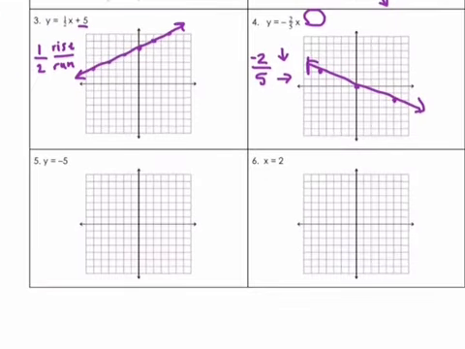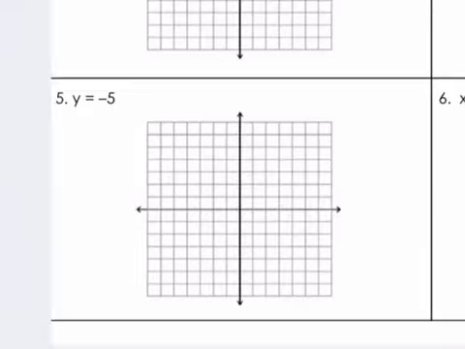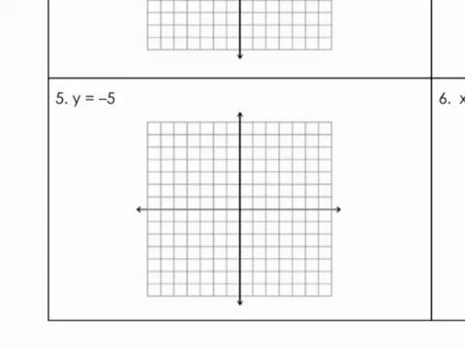All right, the last two are special cases. So the first one says y equals -5. So we do not have an x in the equation, which means we're not going to have a slope. So we're going to go on the y-axis.